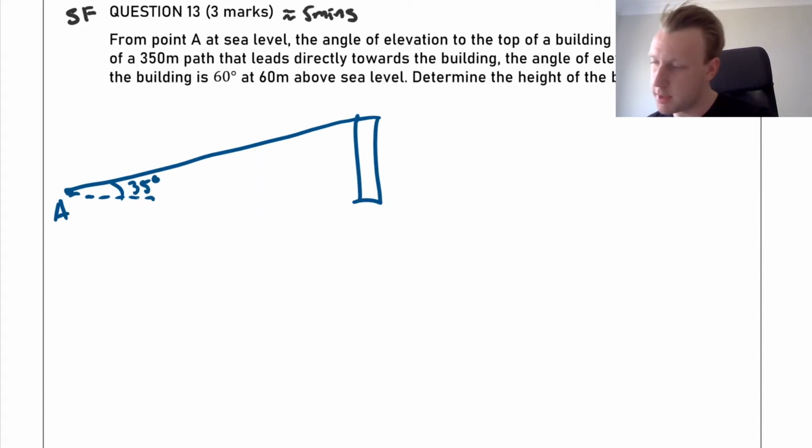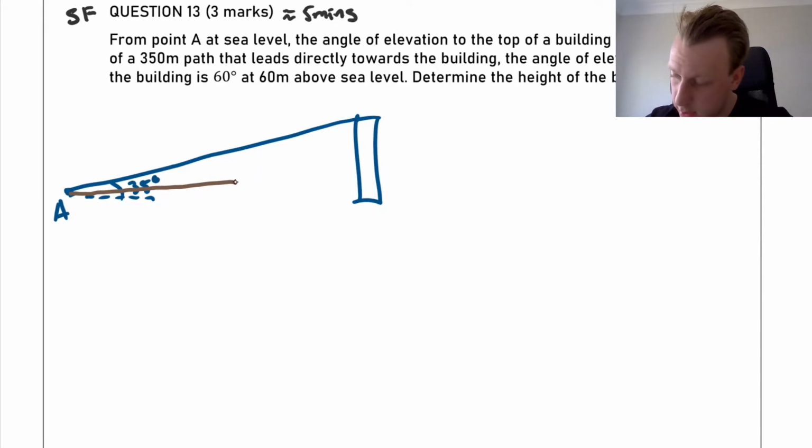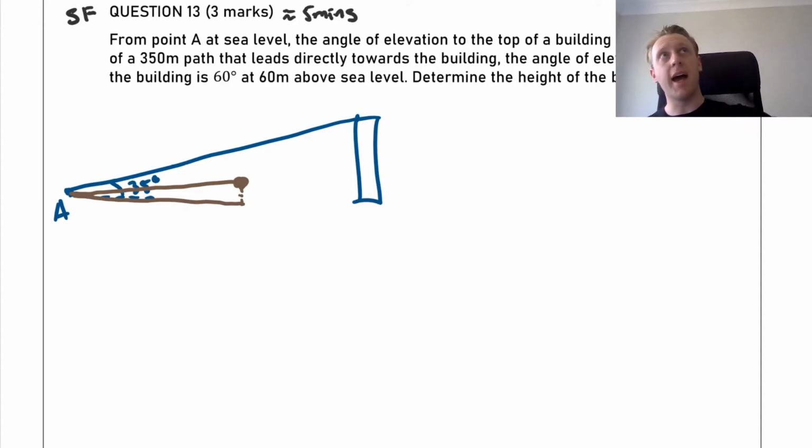At the end of a 350 meter path leading directly towards the building, the angle of elevation to the top of that building is 60 degrees. So you go along this path, and that's 60 meters above water level. So you haven't walked tangent to water level.